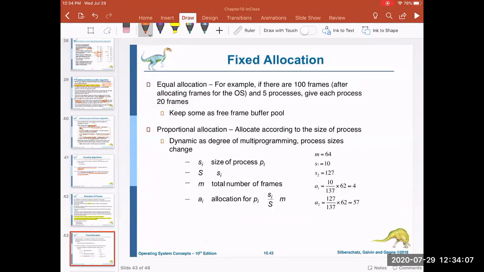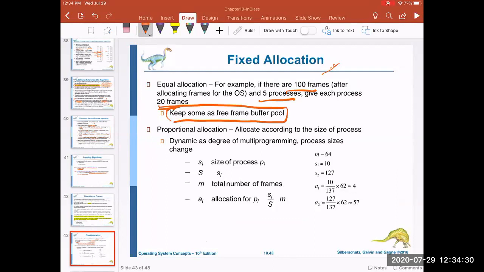There are strategies. One is the fixed allocation strategy: if we have 100 frames and 5 processes, then we can give 20 frames to each process. This is the same for all, and all the processes are considered of equal priority.